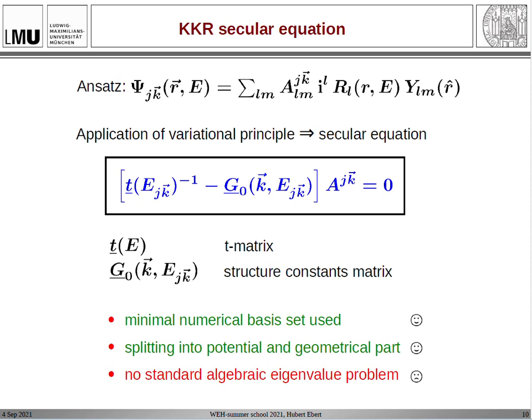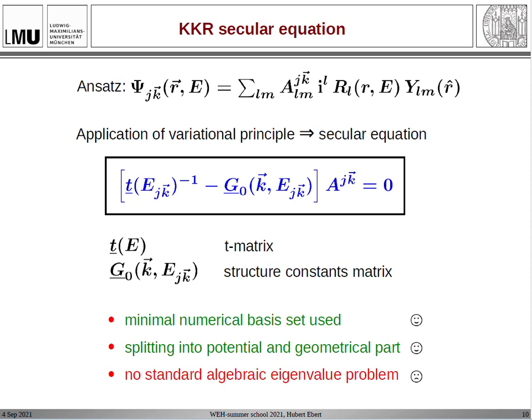And minimal simply means that we can follow chemical intuition. That means if we talk about transition metals, it's sufficient to go in that angular momentum expansion normally up to L equal 2. If you want to do a better job, you can go to 3, but this is often not necessary. So that's very nice.